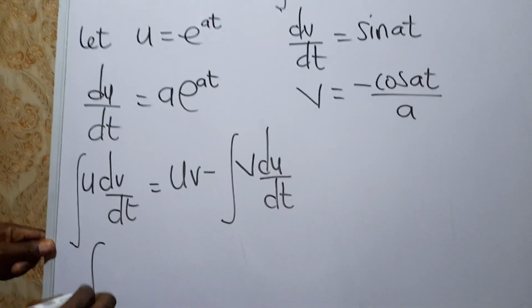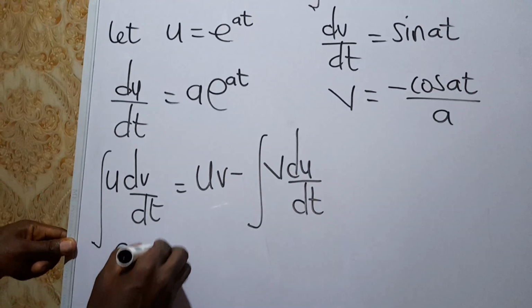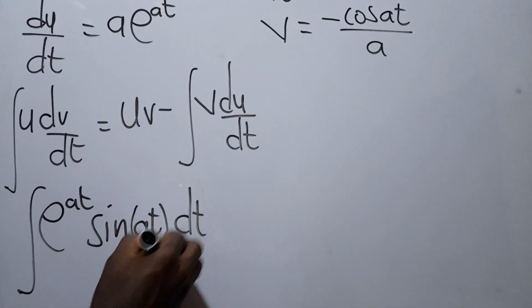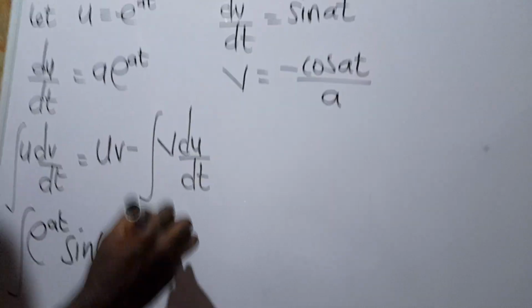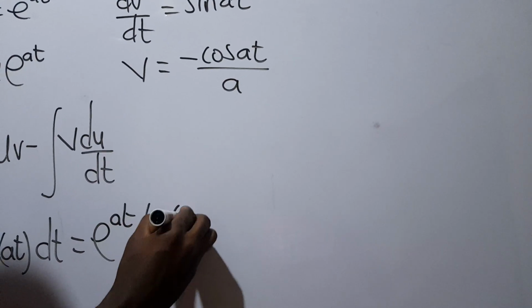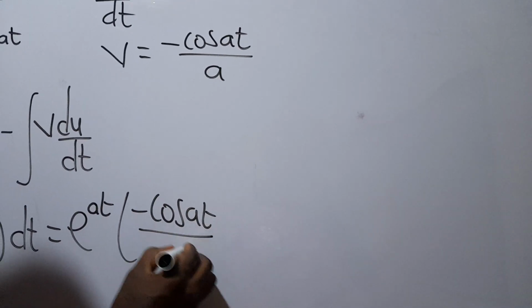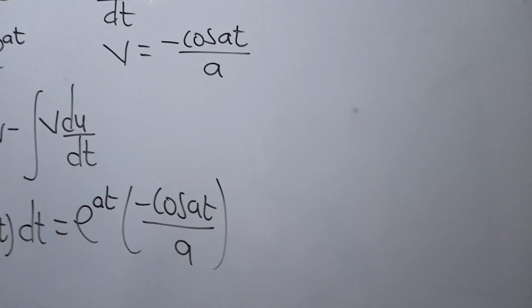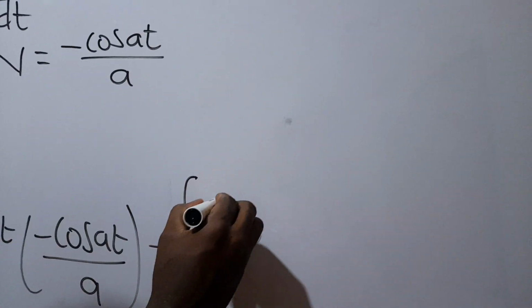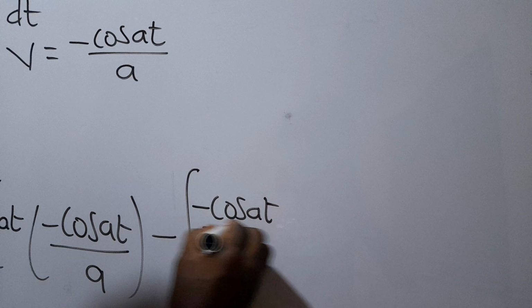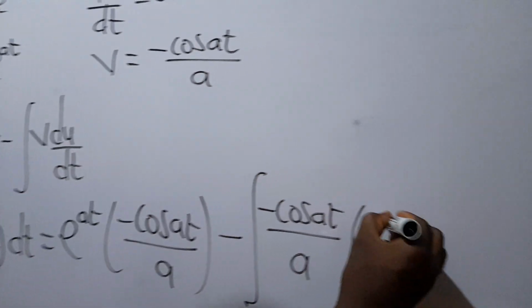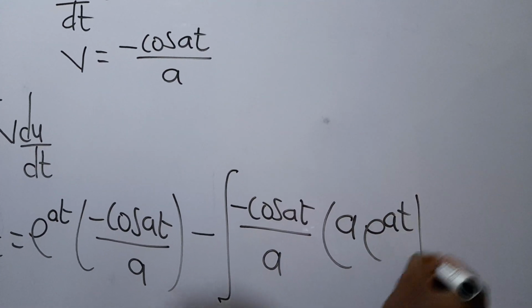So we can say that the integral of e^(at) sin(at) dt will be equal to u, which is e^(at), then v, which is negative cos(at) over a, then minus the integral of v, which is negative cos(at) over a, times du/dt, which is a e^(at) dt.